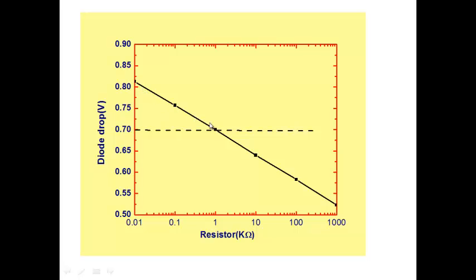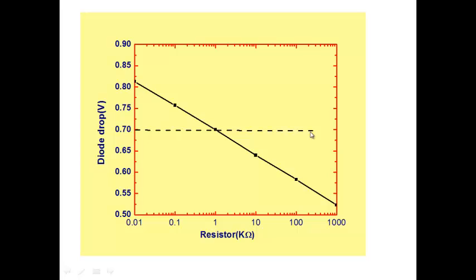Obviously, when the resistor is small, I have more current, and if I have more current, the drop across the diode is also larger. As I go to large values of resistor, the current is smaller and the diode drop is also smaller. So you can see the changes occurring in the diode drop, starting from almost 0.8 going down to about 0.5, and we are approximating it by 0.7.